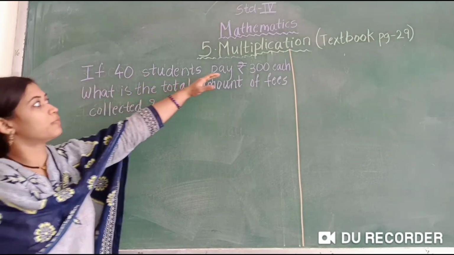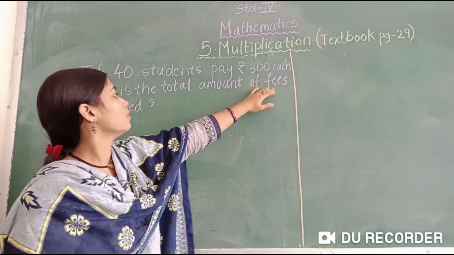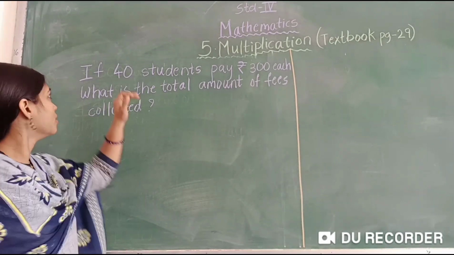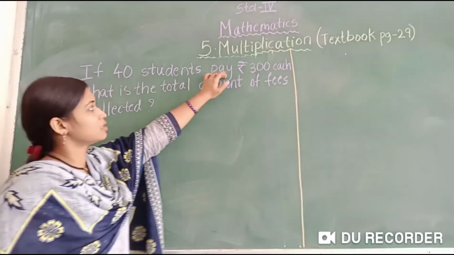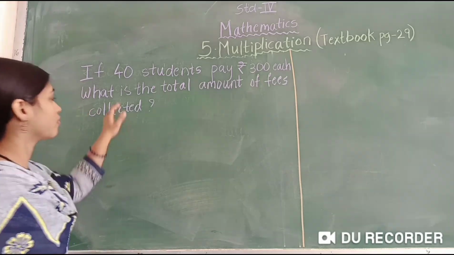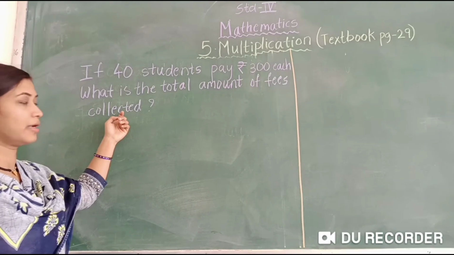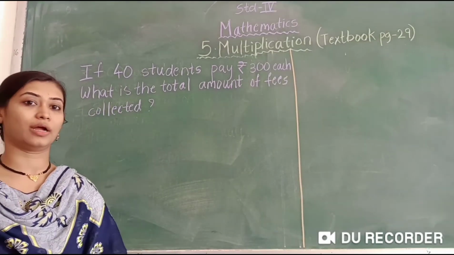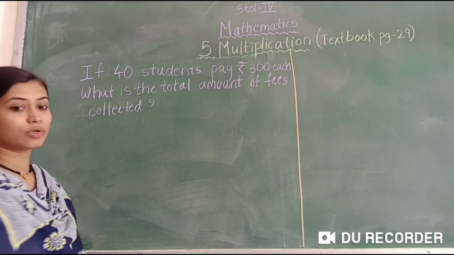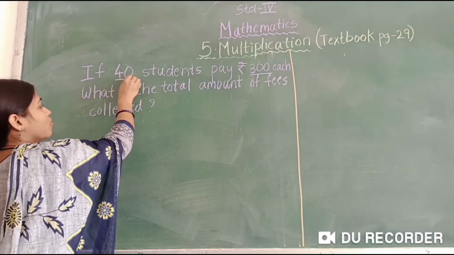If 40 students pay rupees 300 each, what is the total amount of fees collected? What does this mean? 40 students are paying rupees 300 each. Therefore, what they are asking, what is the total amount of fees collected? If 40 students are paying 300, therefore, what will be the total amount of fees? What we will do here? 300 will get multiplied by 40.